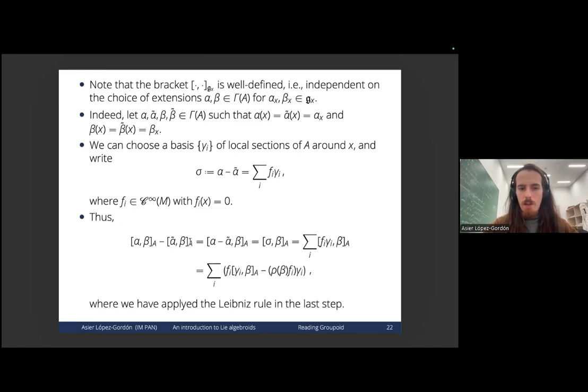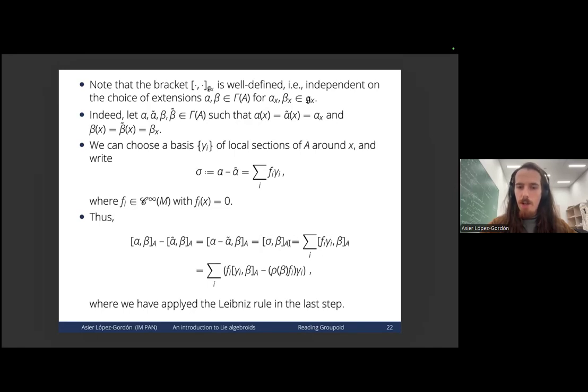And we now just compute the Lie algebroid bracket of the sections alpha and beta minus alpha tilde and beta. By linearity, we can express it as this. This is just by definition the section sigma.